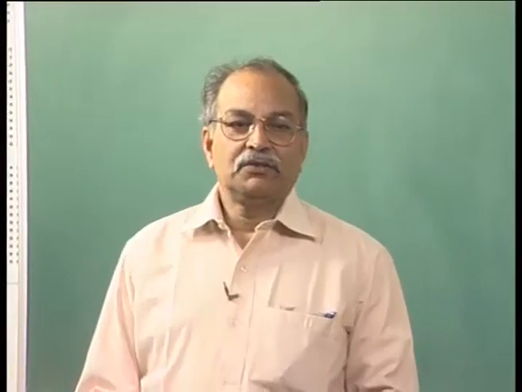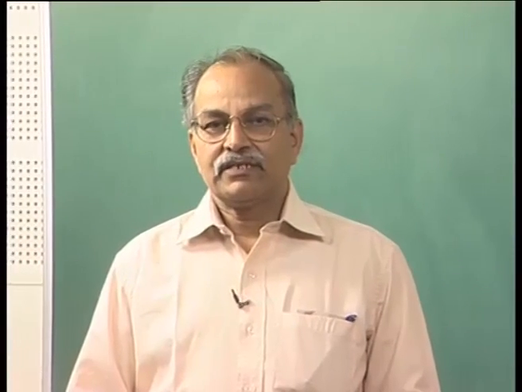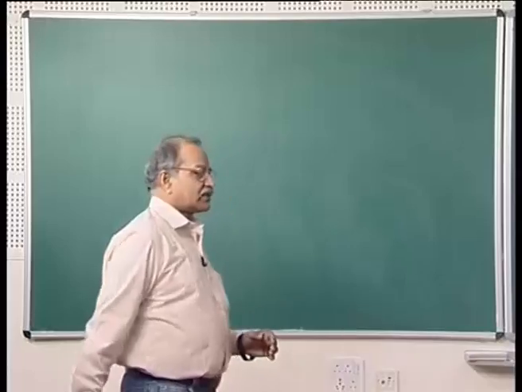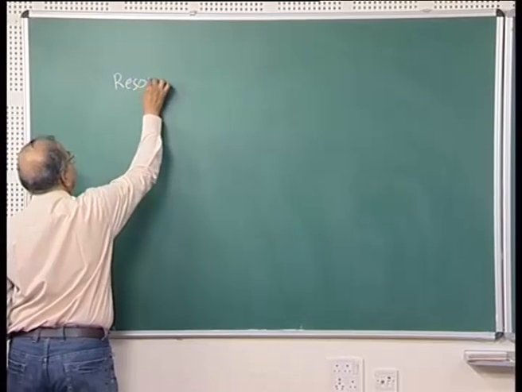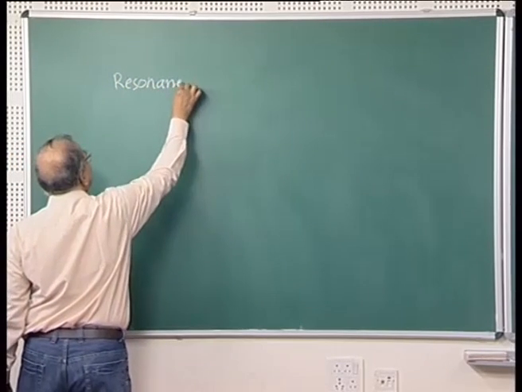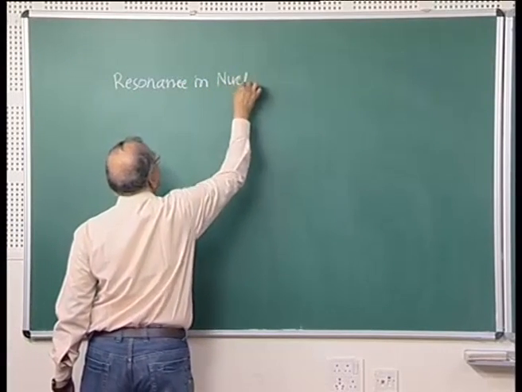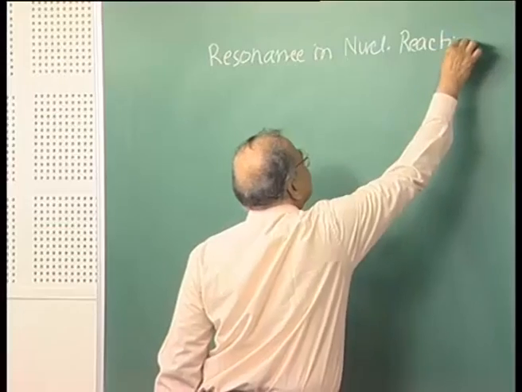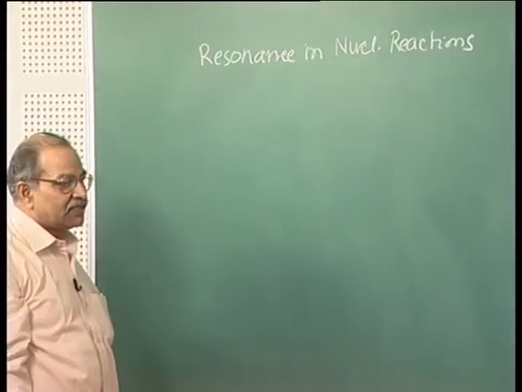All right. So, there is one more important phenomenon related to nuclear reactions, and that is known as resonance in nuclear reactions, or nuclear resonances, as it is sometimes called.